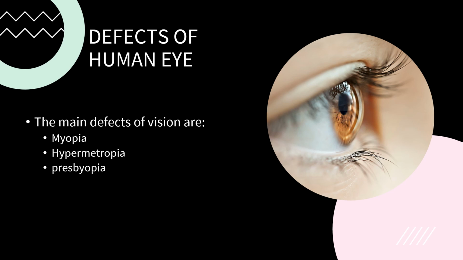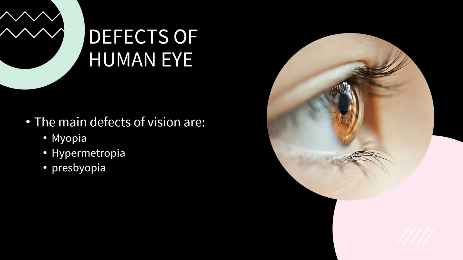This defect arises due to decrease in focal length of the eye lens because of excessive curvature of the eye lens and elongation of the eyeball. As a result, the image is formed before the retina. Myopia can be cured by using a concave lens. A concave lens of suitable power will bring back the image on the retina.